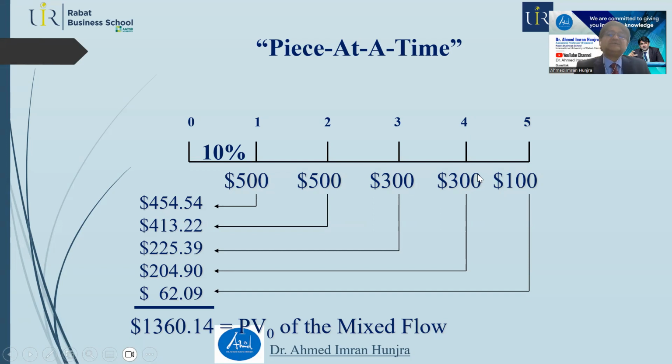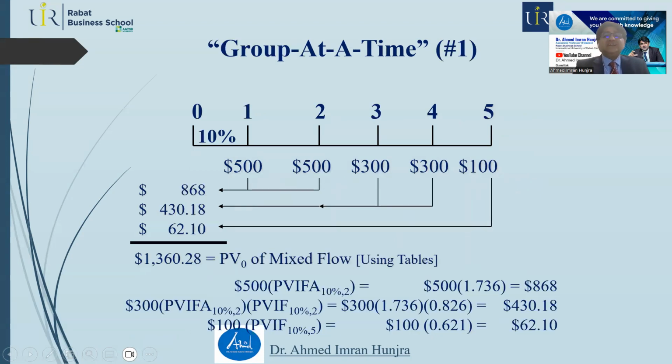In 5 years, we will be getting 1700, with different values in different years, at the rate of 10%. Their today values, their present values, come to 1360.14.